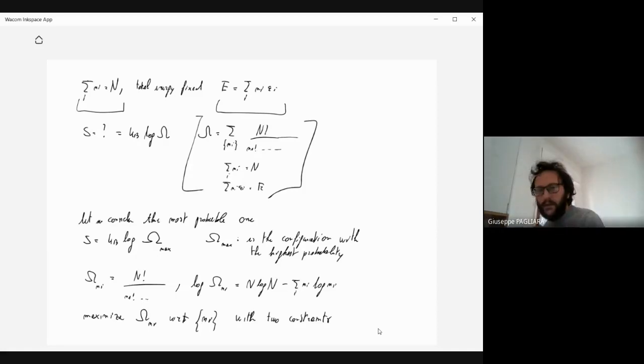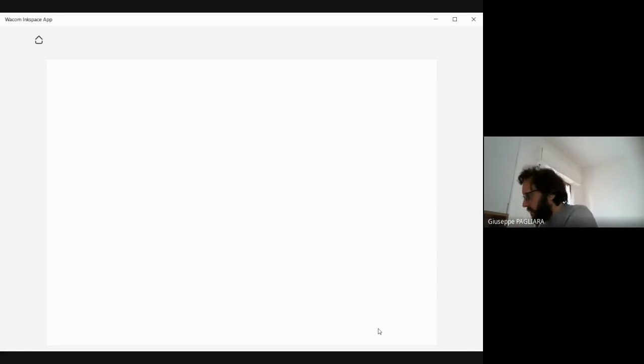So let me write it here. What I have to do is to consider again the method of Lagrange multipliers, but now with two constraints. To do the calculation, I have to consider the following functional form: n log n minus the sum of Ni log Ni, which is the function that I have to maximize. And then I have to add the constraints, and let's write them as alpha times the sum over i of Ni, minus n.